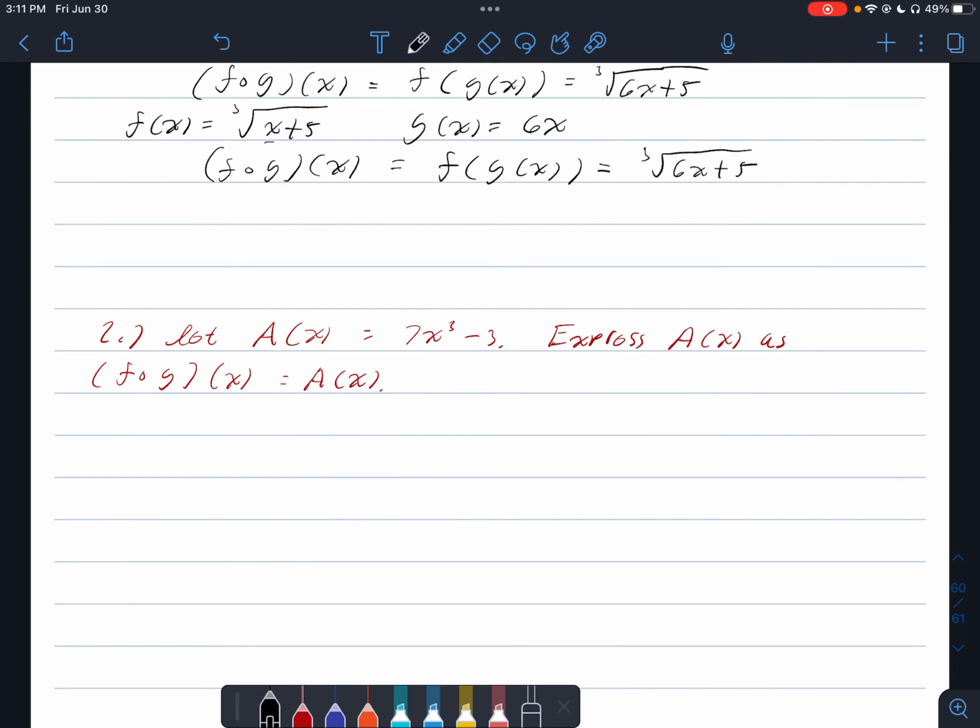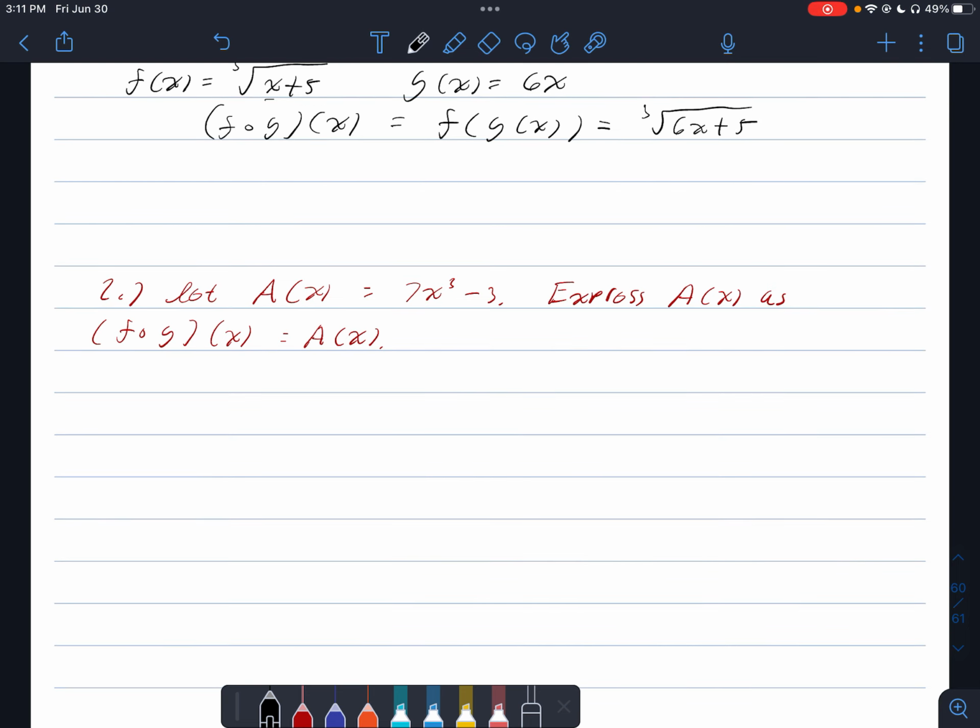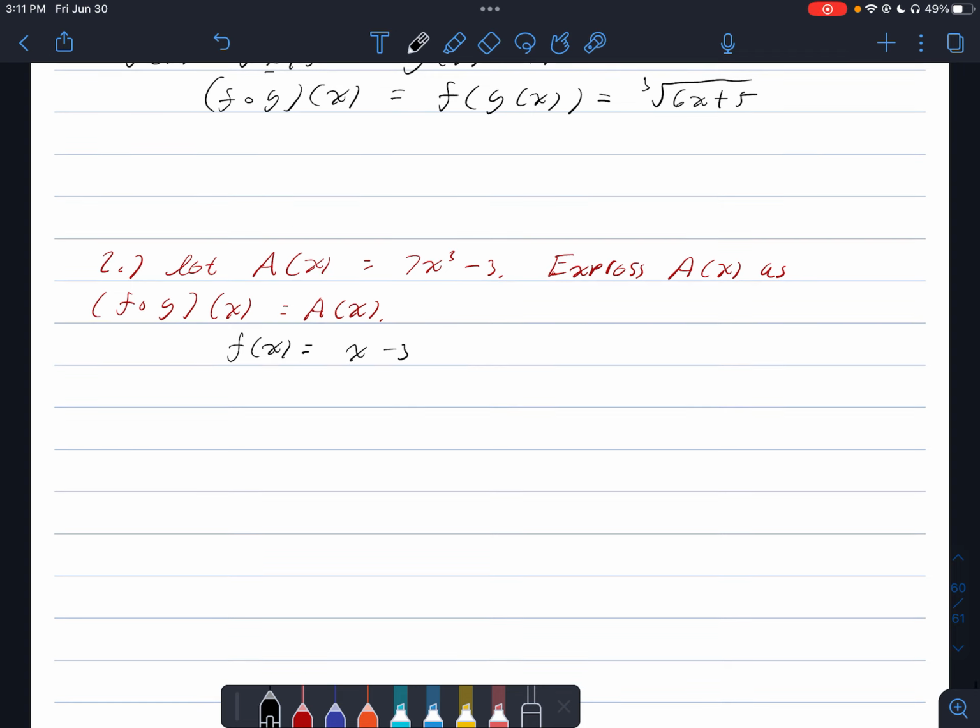Let a of x equal 7x to the third minus 3. We want to express a of x as f composed with g of x being equal to a of x. Again, there's a couple of options we could have here. I'll do at least one. If we let f of x equal x minus 3, we could let g of x equal 7x to the third.